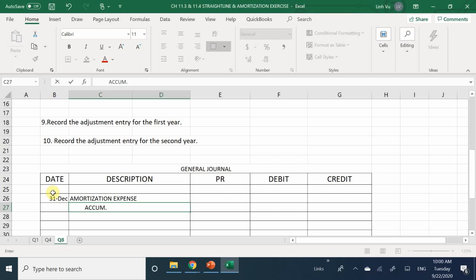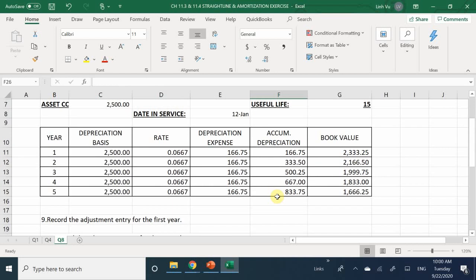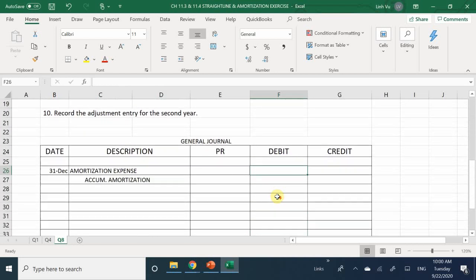Accumulated amortization. Correct. Because we're looking at an intangible asset. And for what amount are we going to do it every single year? $166.75. 166 and 75 cents is correct.